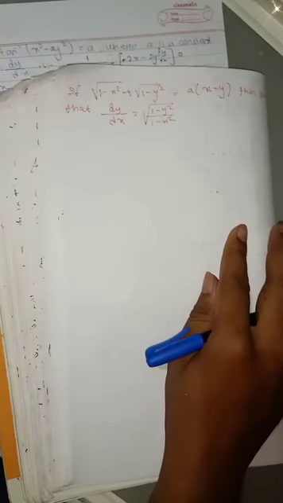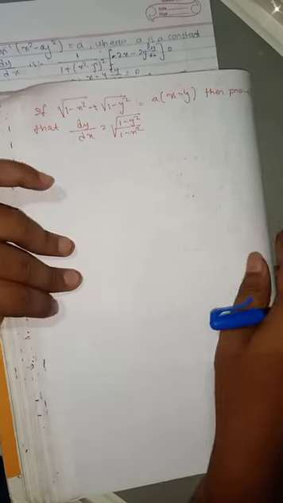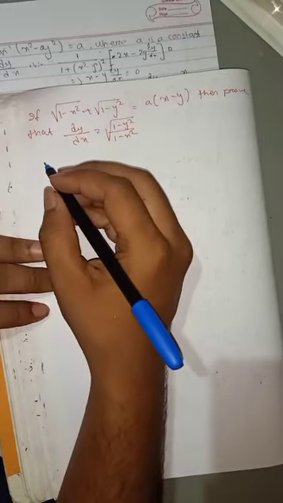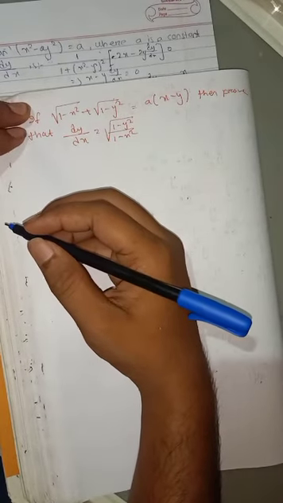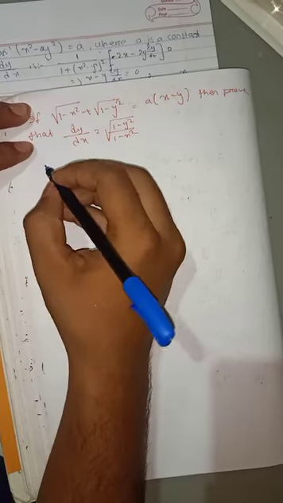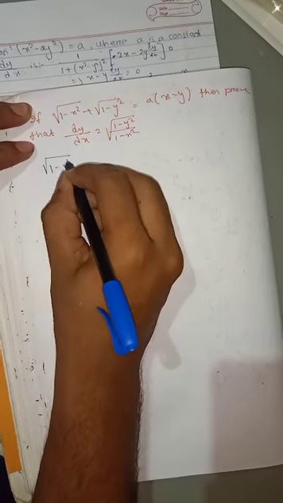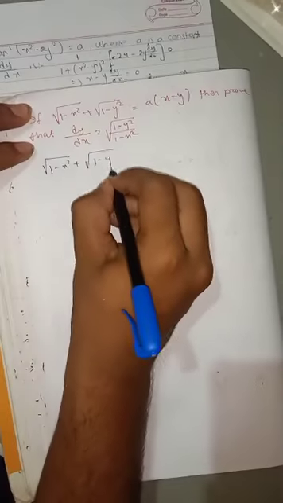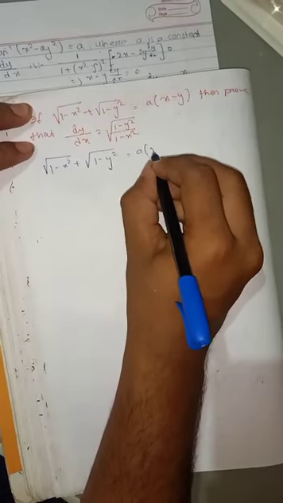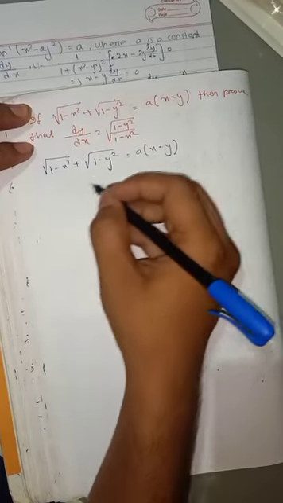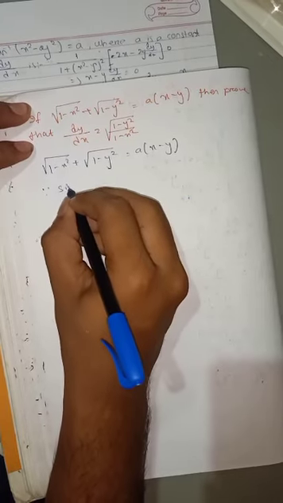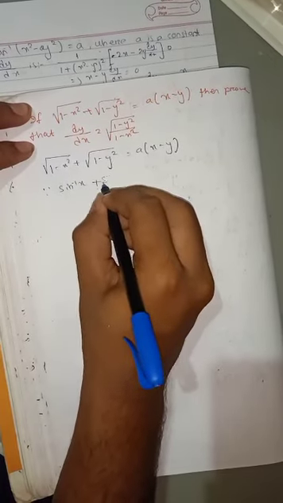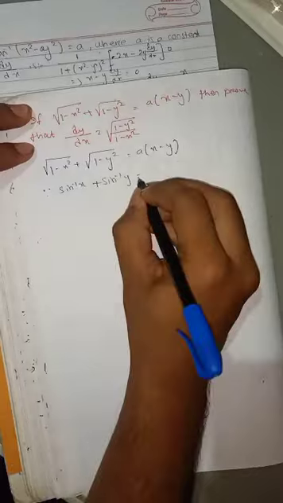In this question there are two methods to solve this question. Here one direct relation you have to remember. In this question root 1 minus x square plus root 1 minus y square is equal to a times x minus y. Direct relation you have to remember, sine inverse x plus sine inverse y is equal to constant.